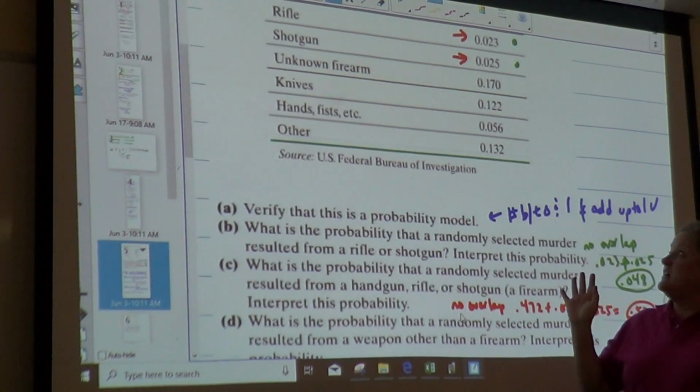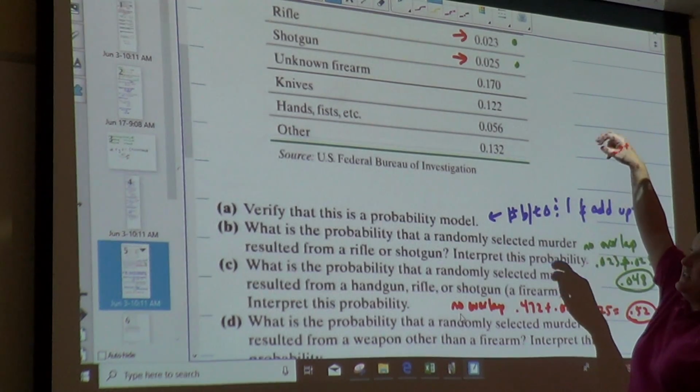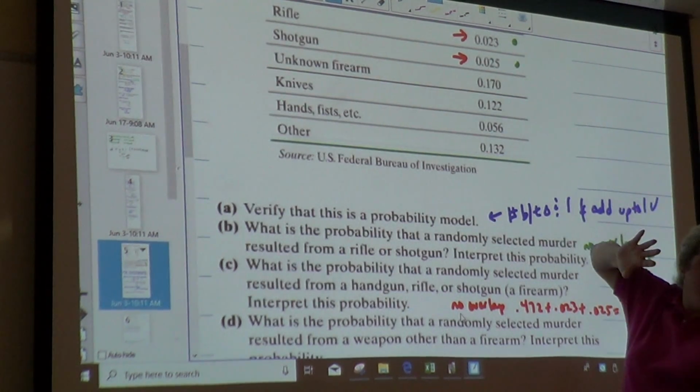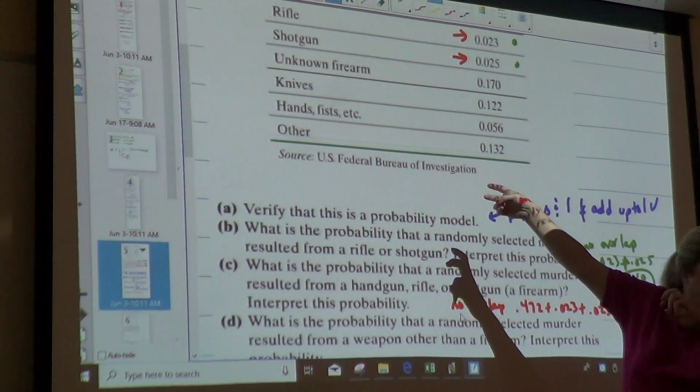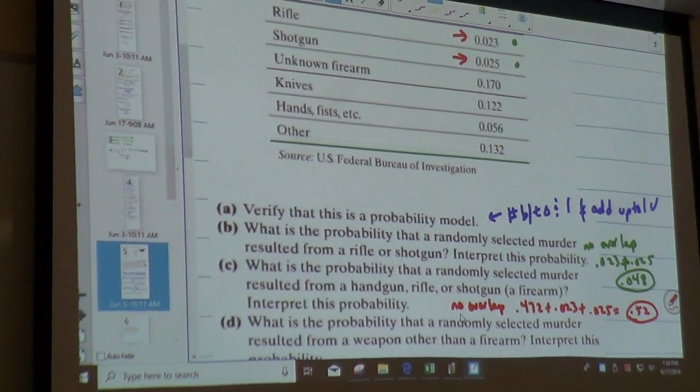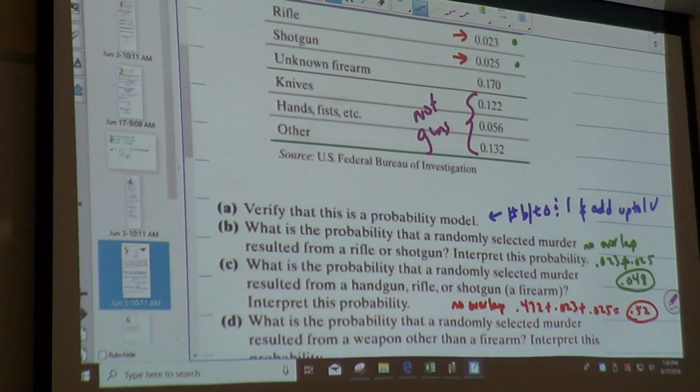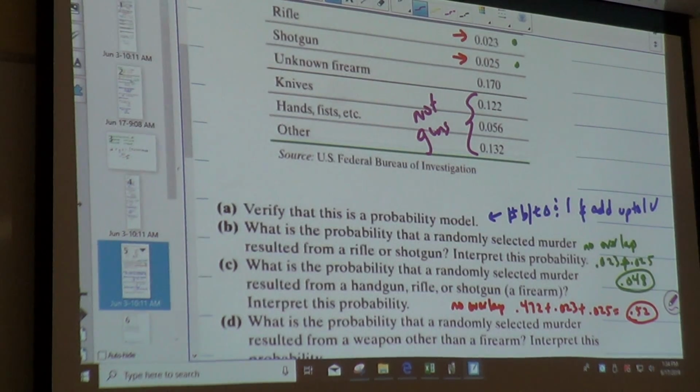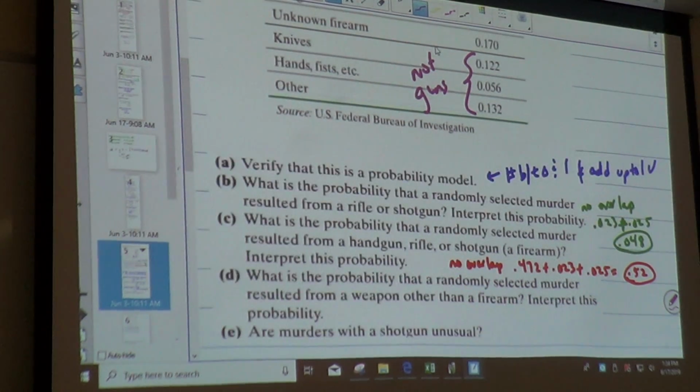Now, you could do one of two things. You can add all the guns up and subtract it from one, or you can add up the non-guns. It's totally up to you. I'm going to add up all the things that are not guns, but you could have added up all the guns and done the complement, the one minus the guns. So I'm going to do .122 plus .056 plus .132 and get .31.